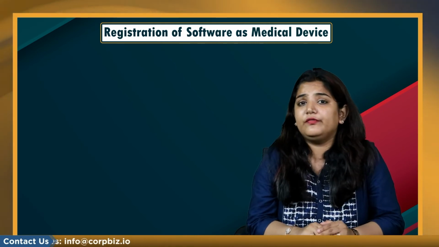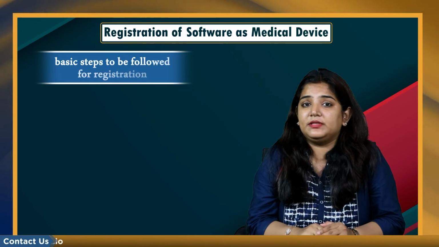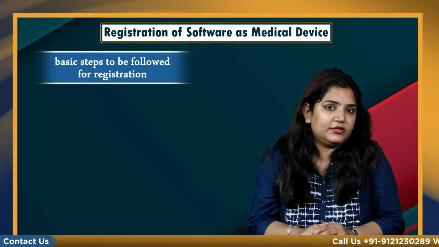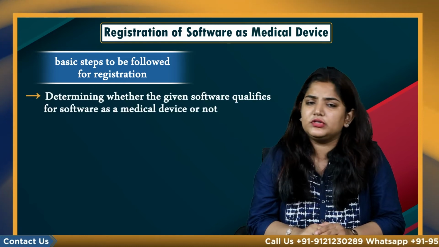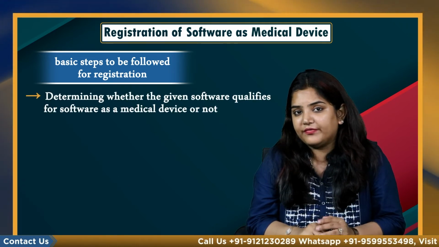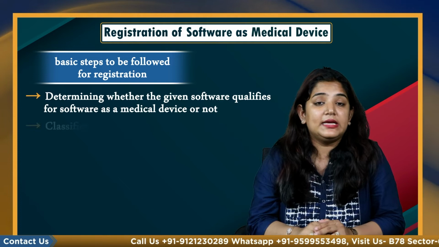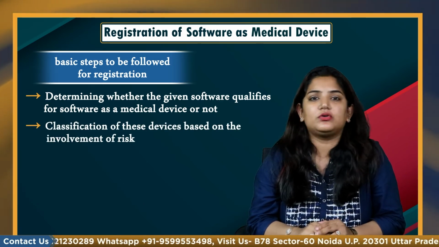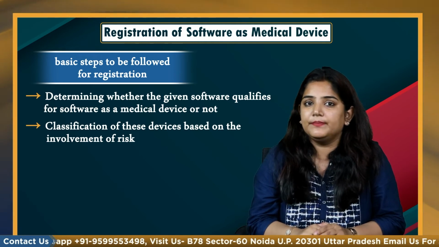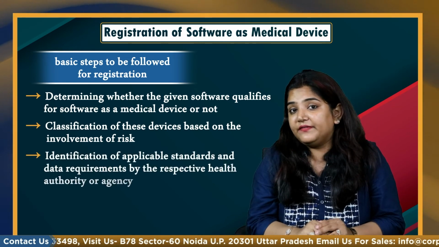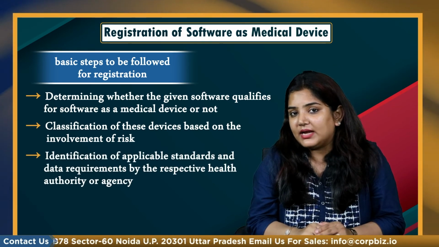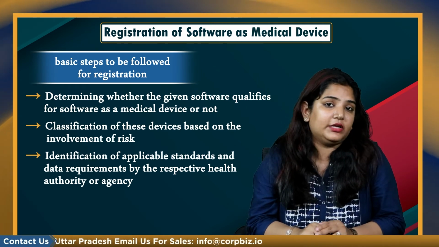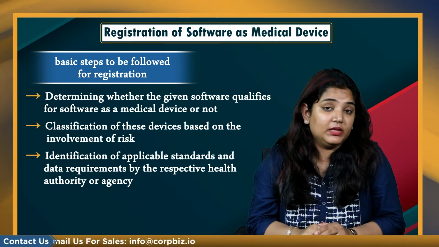Now, moving forward to the basic steps to be followed for registration of these devices. First, determining whether the given software qualifies as software as a medical device or not. Second, classification of these devices based on the involvement of risk. Third, identification of applicable standards and data requirements by the respective health authority or agency.